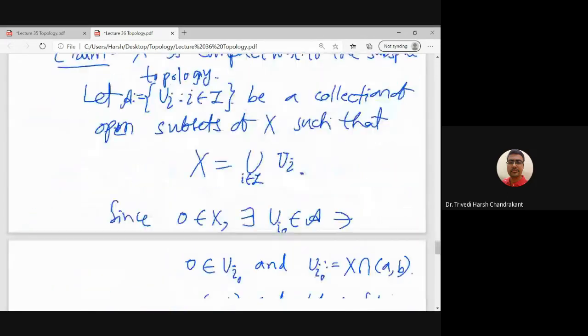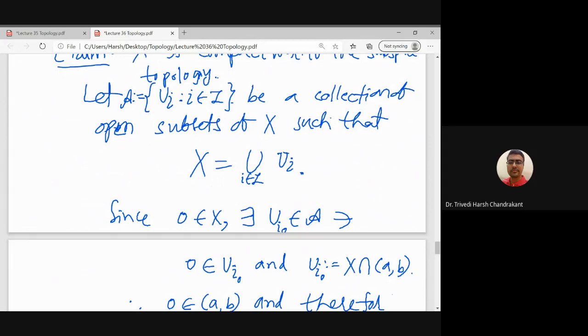So we will use that, since 0 belongs to X and X is equal to the union of U_i, there must be some U_i which contains 0. That U_i I will call U_i0.